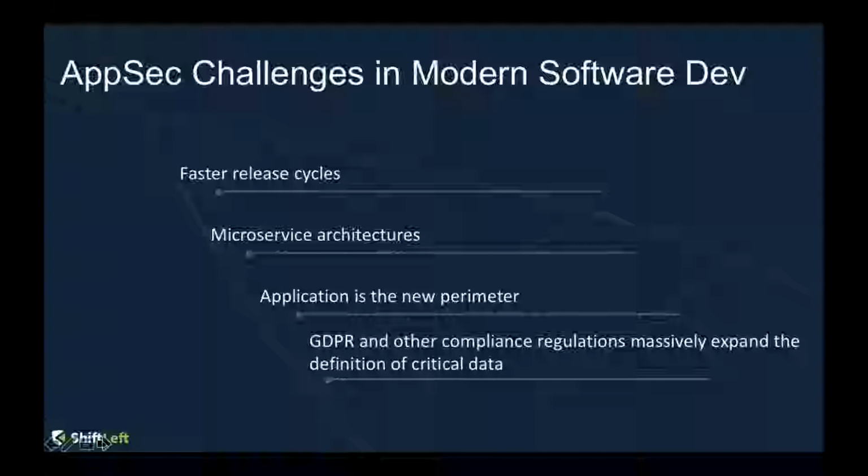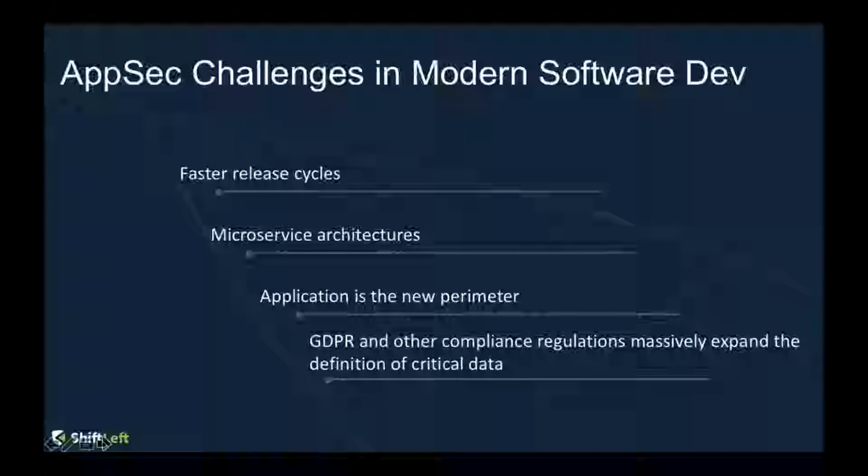And last is GDPR and other compliance regulations are now expanding the definition of critical data. Traditionally, we've treated credit card numbers and social security numbers as critical data that needs to be protected. If you read the definition of critical data in the GDPR regulation, it includes things like photos and posts on social media.